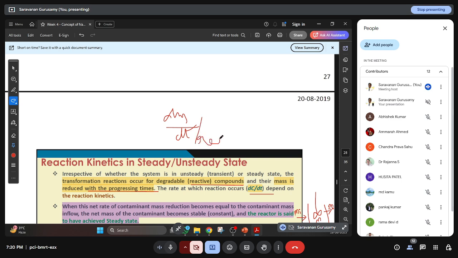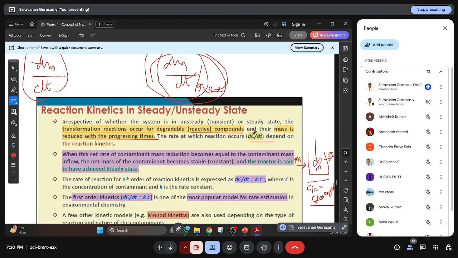It's not about the left side dM by dt. That is based on steady or unsteady. But this reaction term is based on conservative or non-conservative. So organic matter will give you dC by dt, but that does not affect your left side. When this net rate of mass reduction becomes equal to the mass inflow, then the mass of contaminants becomes stable, constant. The reaction is said to have reached a steady state.